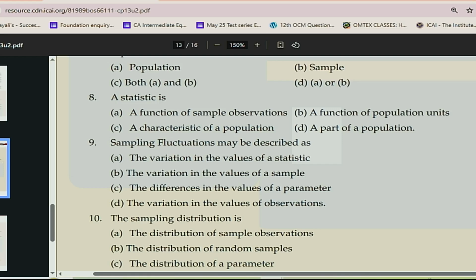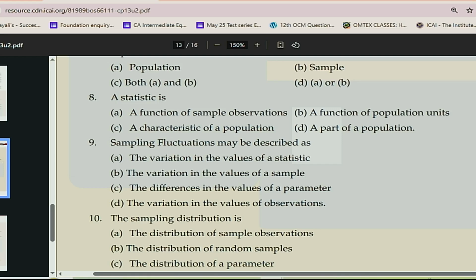Pallav, what answer have they given behind? Please check. A function of sample observations. See, population units, statistic दरवेळेला population चीच related असेल असं काही नाही ना. Any sample can be there. So answer is A, because that is nothing but the definition of statistic, a function of sample observation.